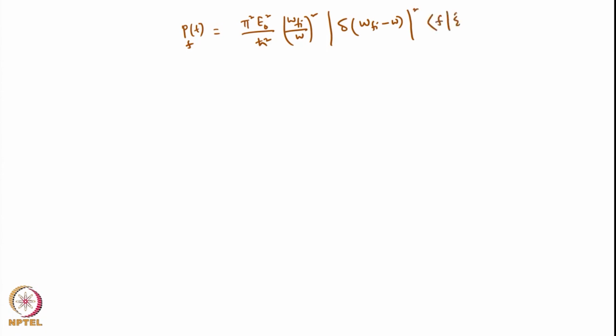So which means I can rewrite P of t of f, this is equal to pi square E naught square by h bar square, omega fi by omega square, I had delta of omega fi minus omega square, modulus of f epsilon dot mu I whole square. Now this I will write in terms of the limit.